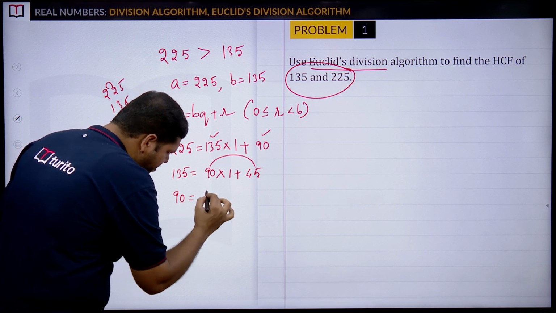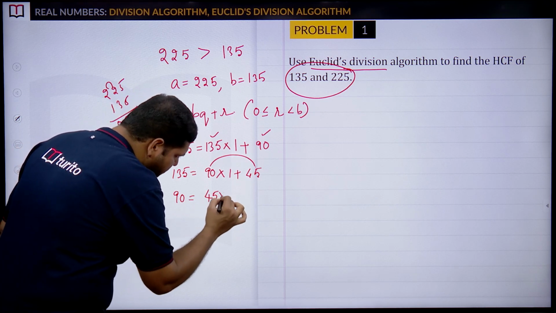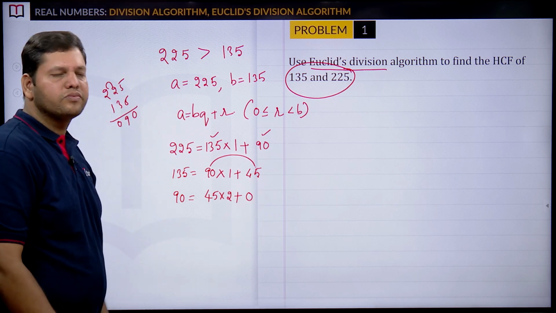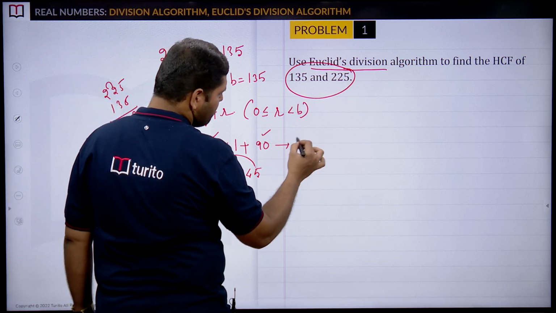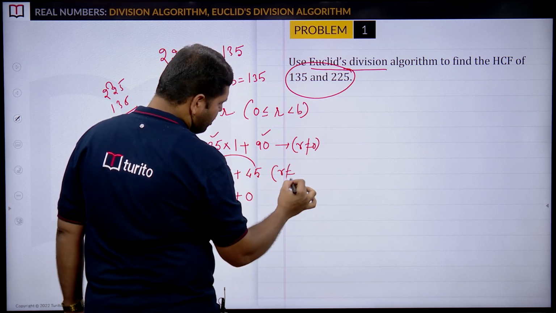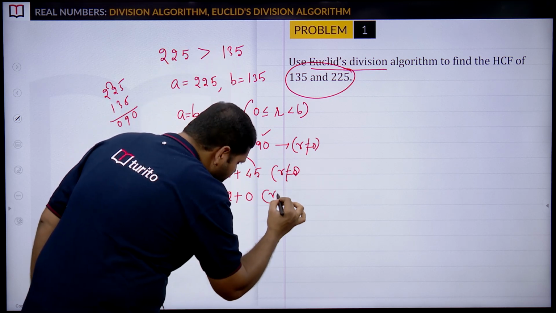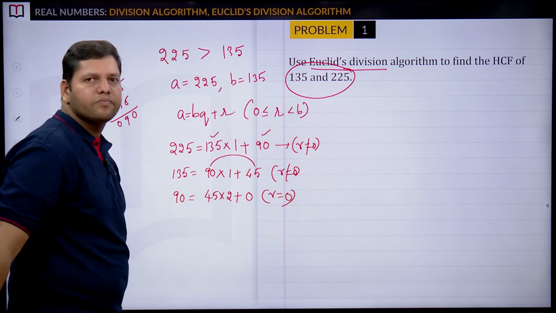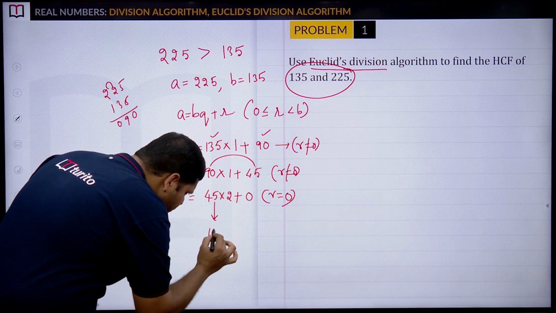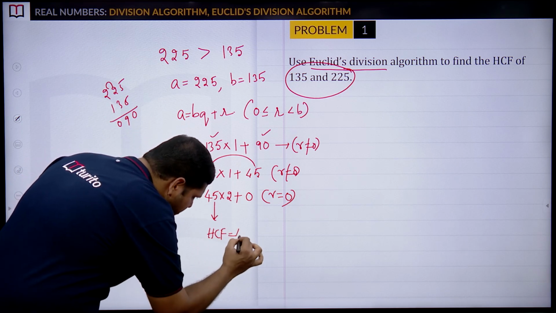So 90 I am writing as 45 into 2. Then remainder is equal to what? 0. Children, remember here the remainder is not equal to 0, here also the remainder is not equal to 0, but here I got the remainder equal to 0. Therefore, I can say what is the HCF, children? 45 is the HCF.